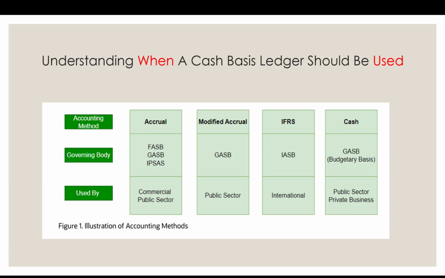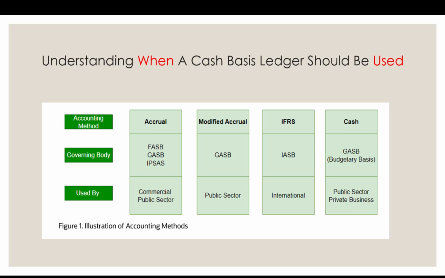U.S. public sector entities use modified accrual and accrual accounting for their basis of accounting. International public sector countries have adopted International Public Sector Accounting Standards, IPSAS, which is based on accrual accounting and encourages countries to move away from cash basis.